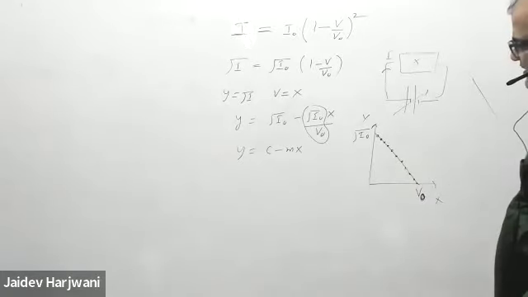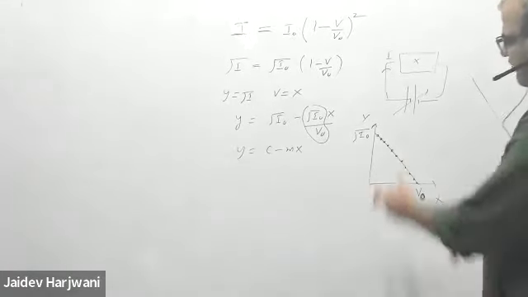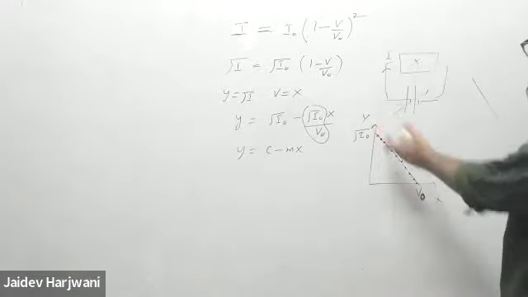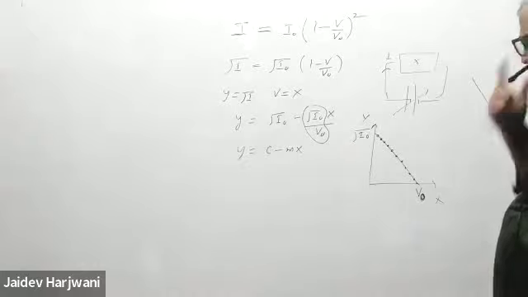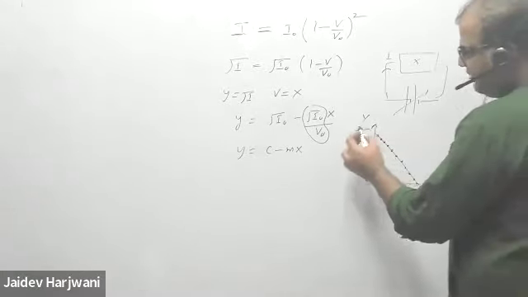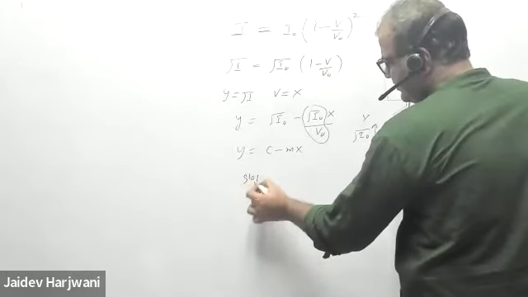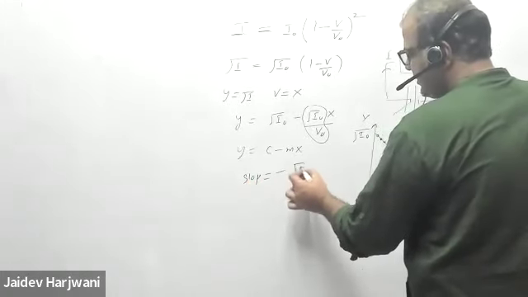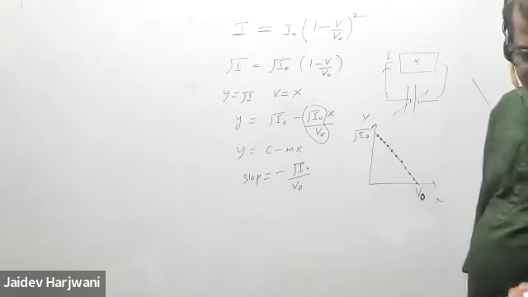Now I want to measure this experimentally. How can I find these values? Obviously, I can find these values from the graph. This is the I naught and V naught. So the slope of this graph will be minus root I naught upon V naught. Someone's mic is on.